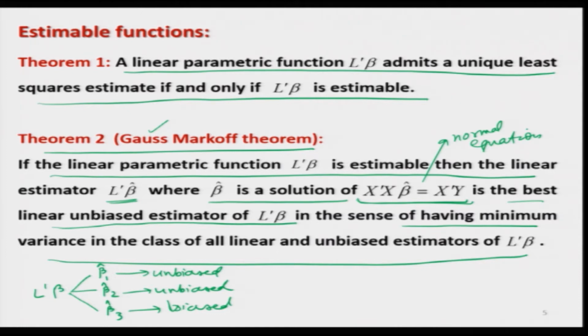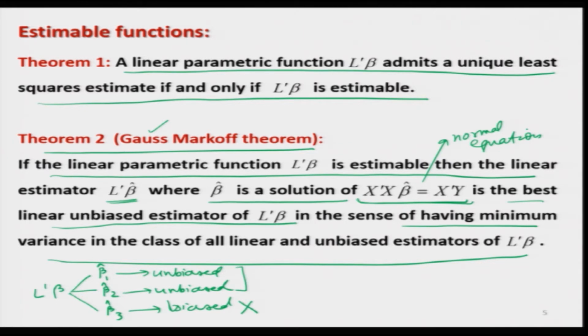Now, I ignore the biased estimator and consider only these two unbiased estimators, but my problem is which of the estimators, beta 1 hat or beta 2 hat, I should use in place of beta in L transpose beta.